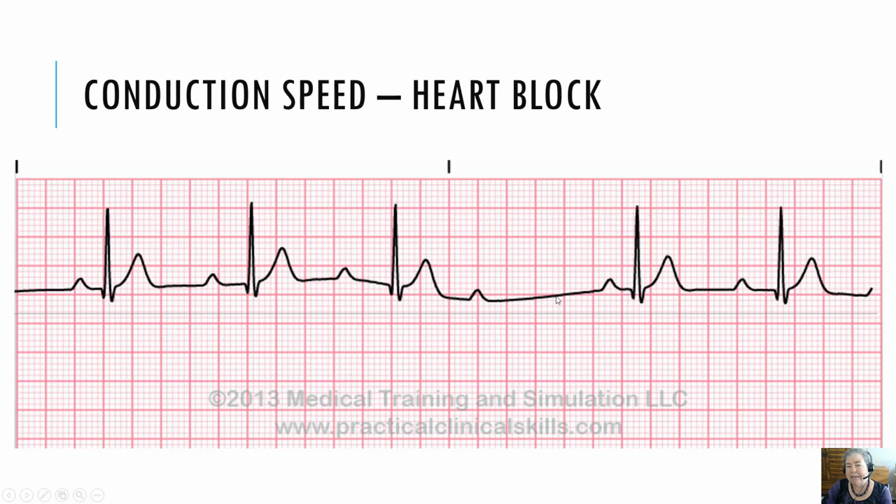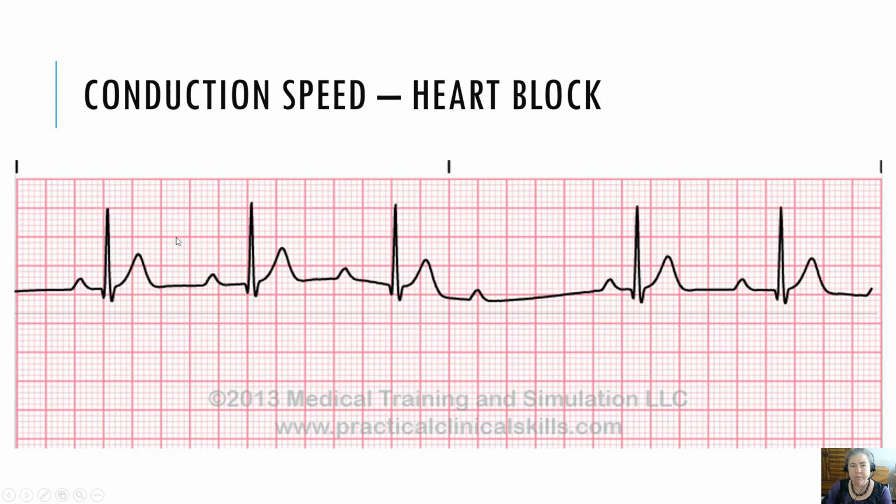So you get this gradually lengthening PR interval followed by periodic losses of QRS complexes. If you look at this, it looks irregular, but it's regularly irregular. You have normal intervals between QRS complexes followed by a skipped one, and then go back to the same pattern you had before.